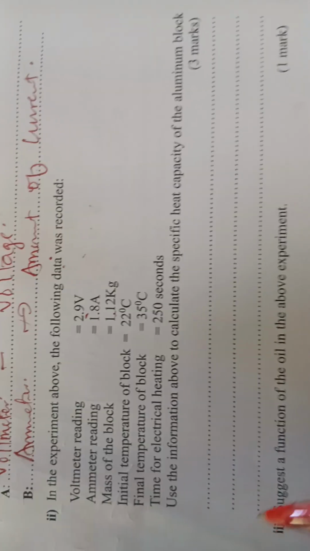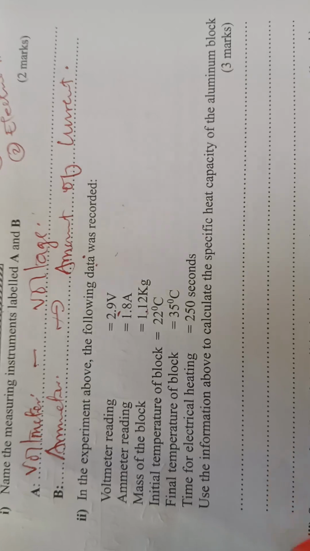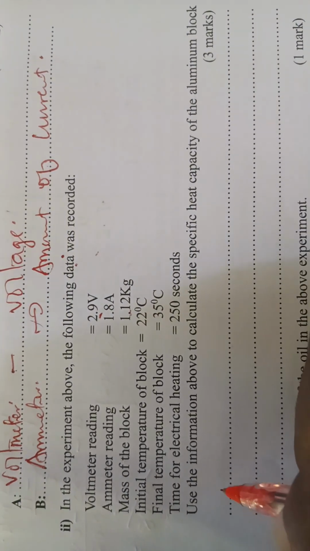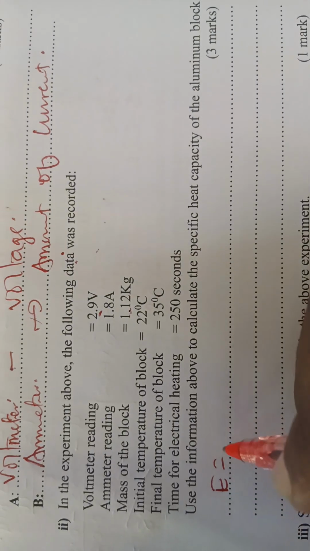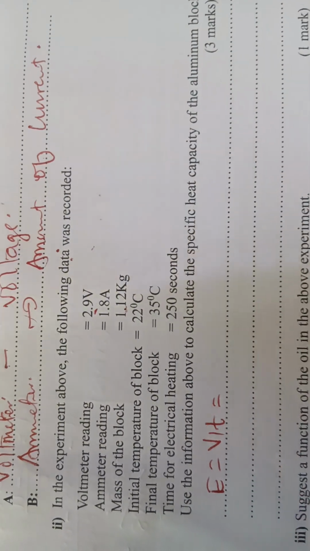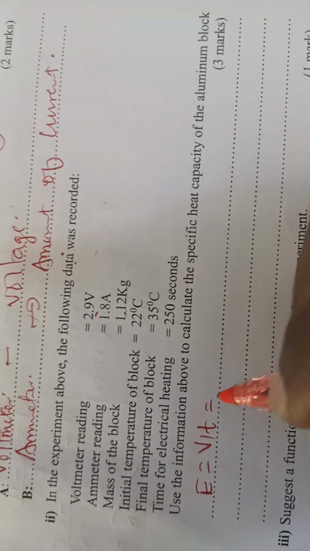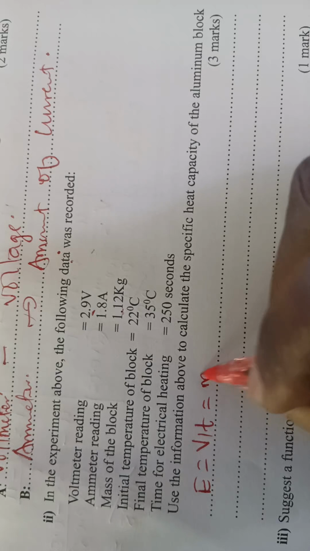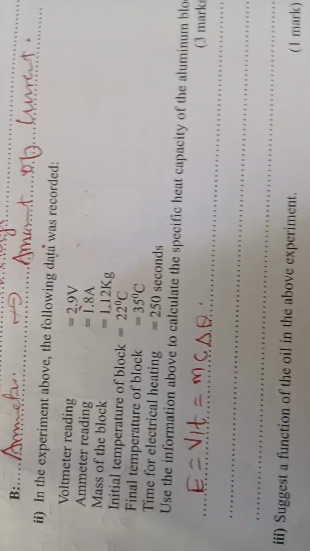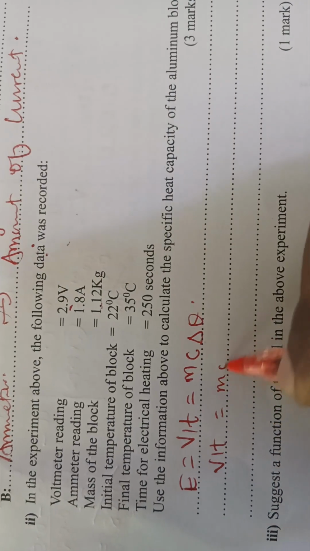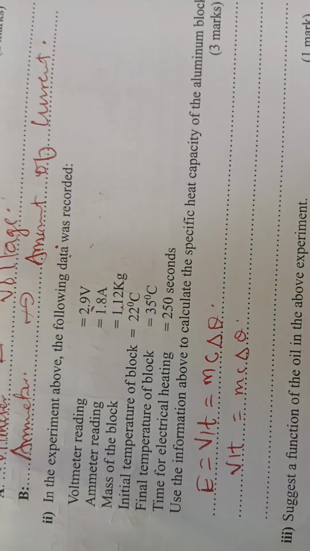We know that energy E equals VIt, from the heating effect of an electric current, equals the mass multiplied by the specific heat capacity multiplied by temperature change. So we say VIt equals mCΔθ.